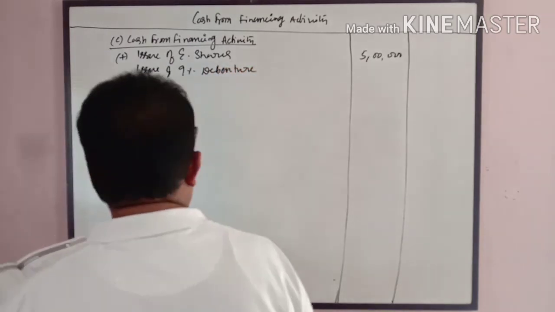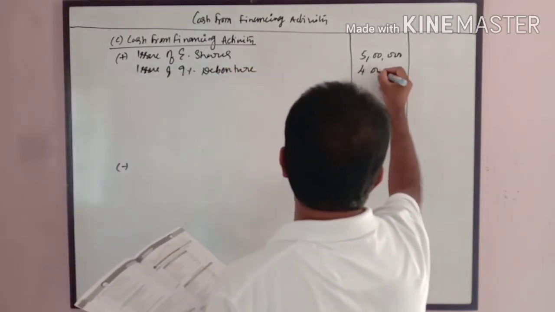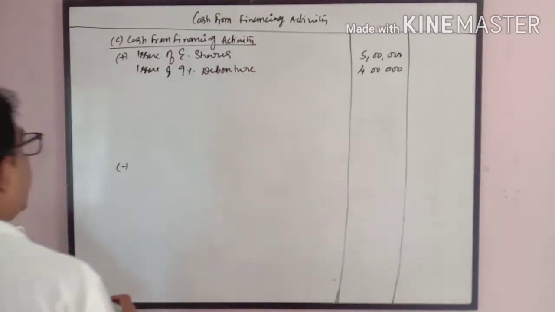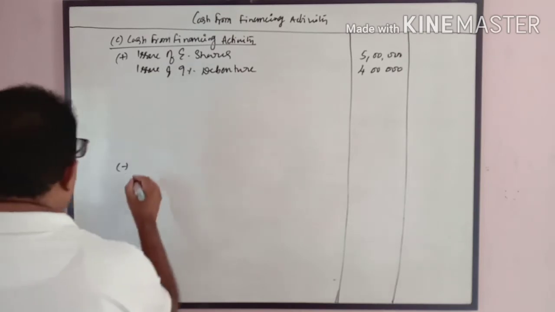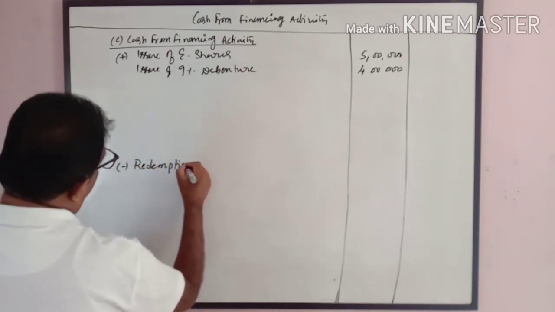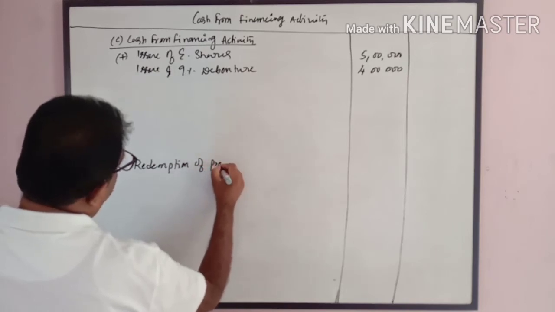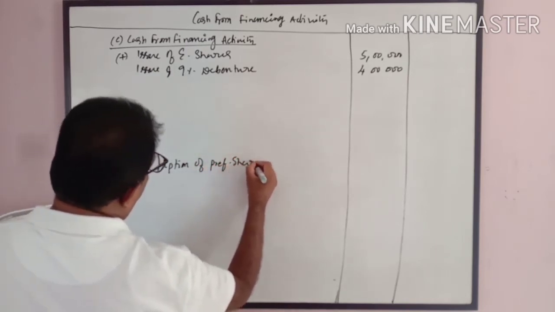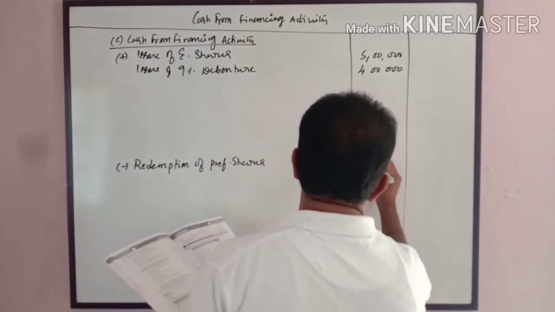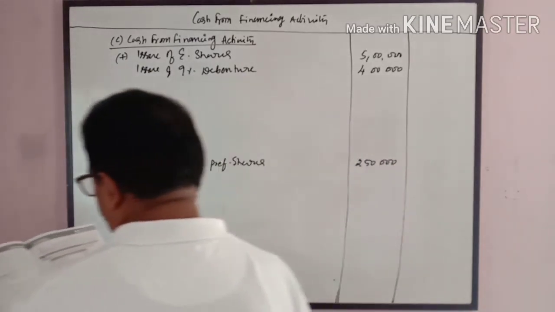If cash is coming in, add. If cash is going out, minus 4 lakhs. Redemption of preference shares. Redemption means repayment. Cash goes out. Redemption of preference shares 2 lakh 50,000.